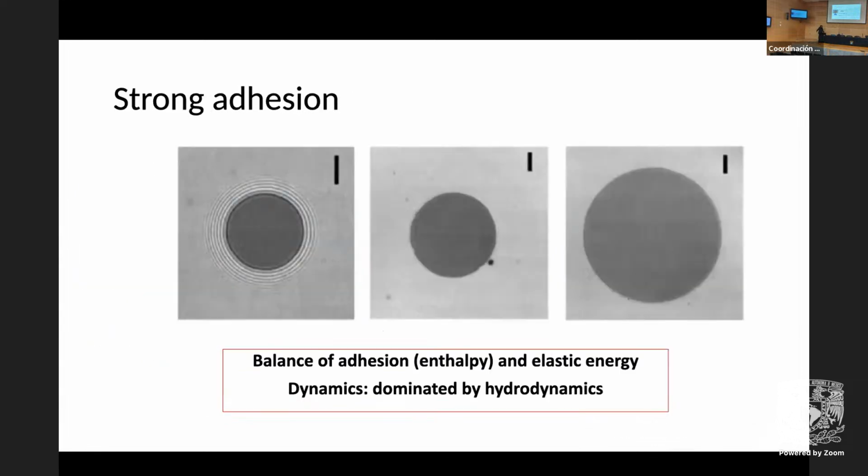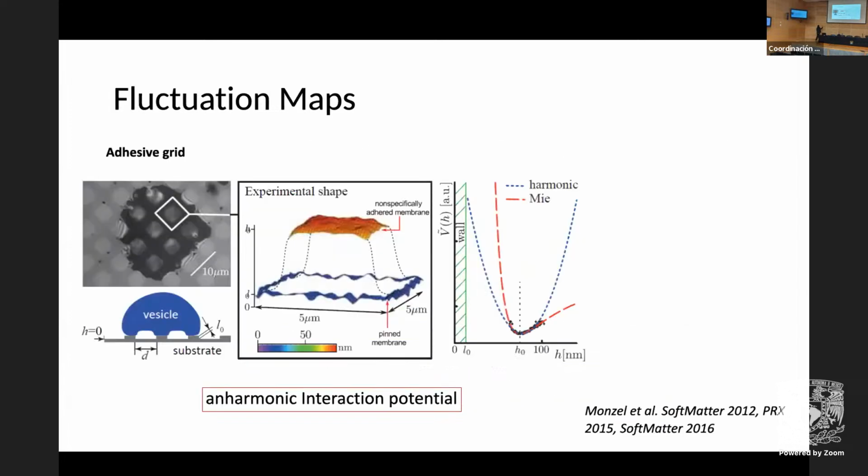Now we have to look at adhesion. This membrane has to adhere, right? It's 100 nanometer away. It's going to use a protein to adhere. What's the size of a protein, roughly? 10 nanometer, exactly.